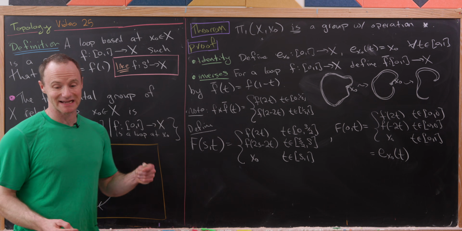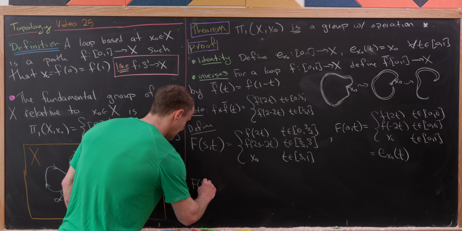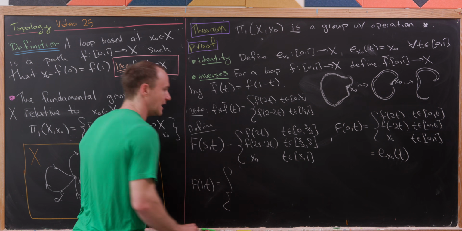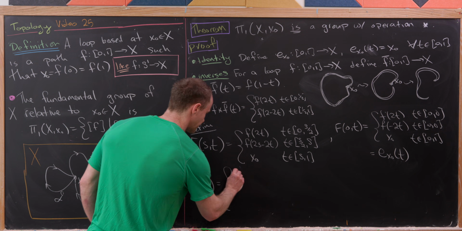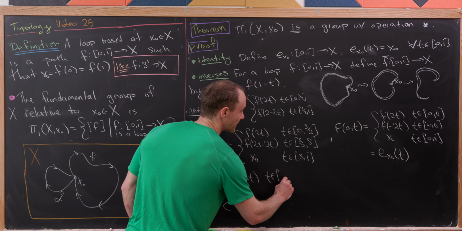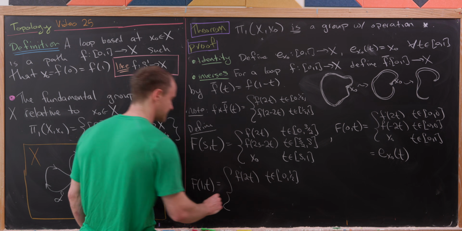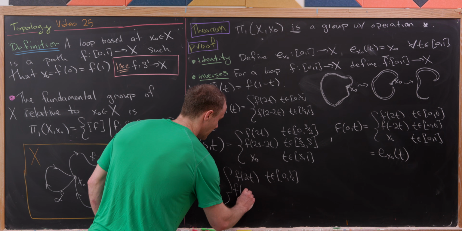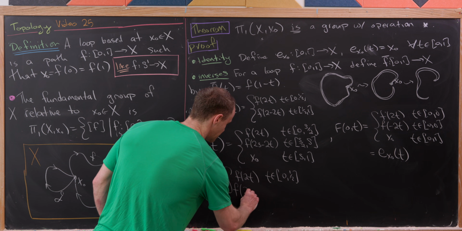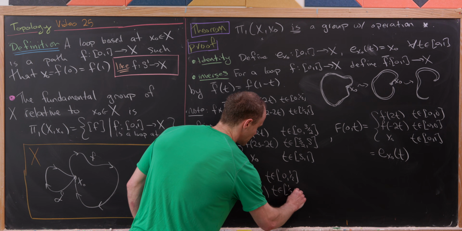It's the identity function. So now let's look at f evaluated at 1 comma t and make sure that everything works. So that's going to be f of 2t when t is on the interval from 0 to half, just plugging in 1 where we see s. And then it'll be f of, let's see, that'll be 2 minus 2t when t is on the interval from half to 1.